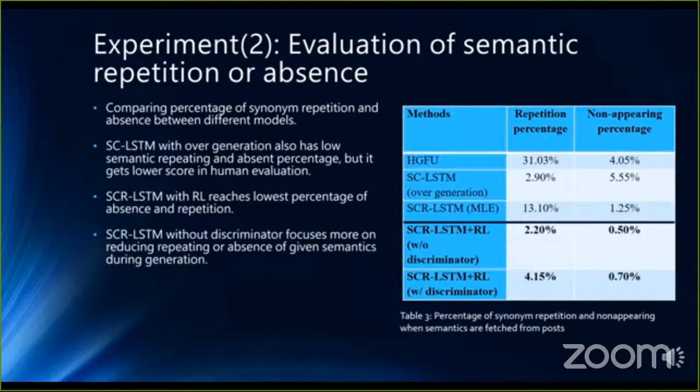Here we also try to evaluate the influence of the discriminator in our method. So we have a model trained with a discriminator and another without a discriminator. It turns out that a model without a discriminator can focus more on reducing repeating and absence of semantics during generation, but the generated sequences are less diverse and also shorter.